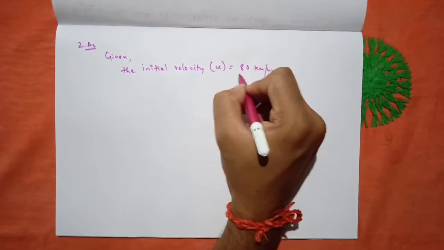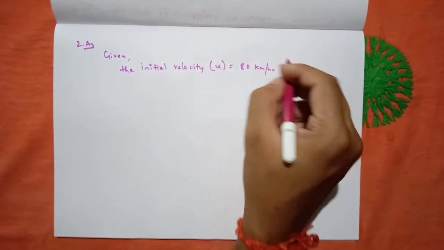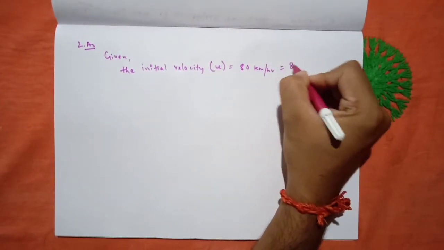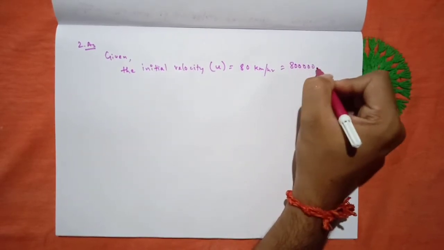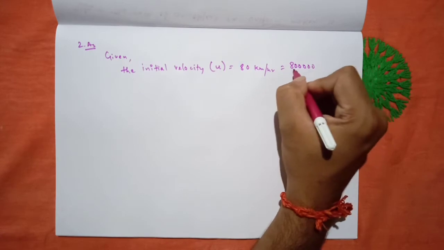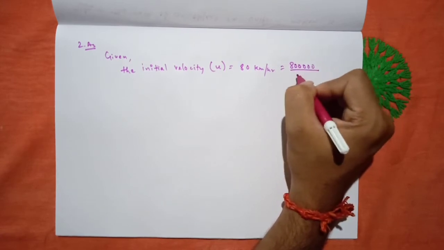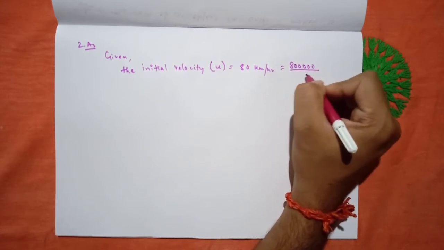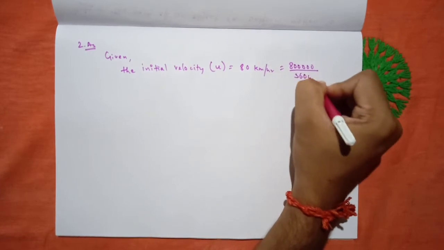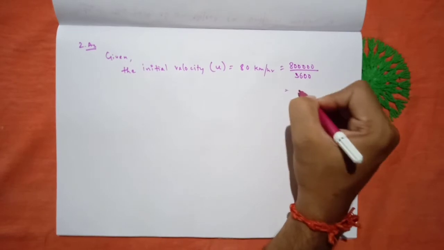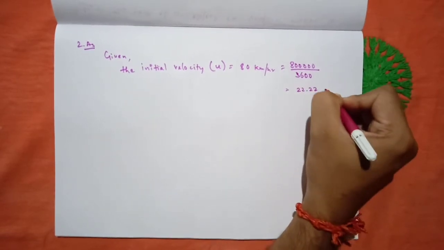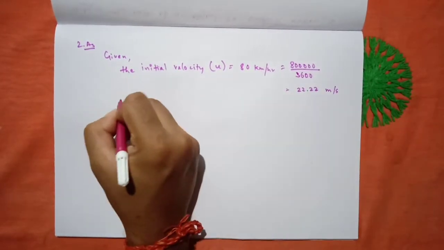Okay, so we have to change it into meter per second, so it will be 80,000, because it is kilometer, 80,000 divided by hour, which is 3600 seconds. Okay, so it will become 22.22 meter per second.